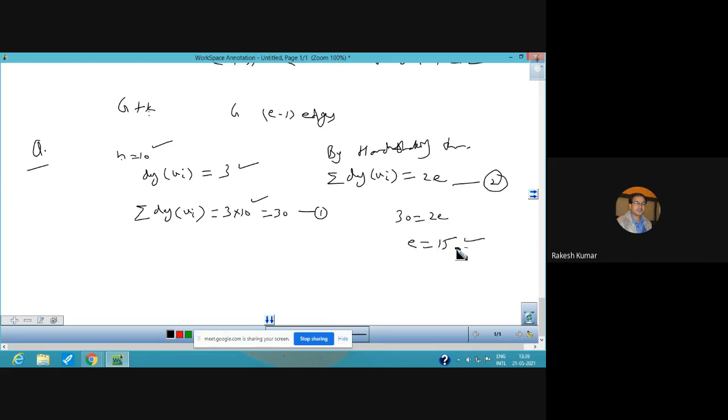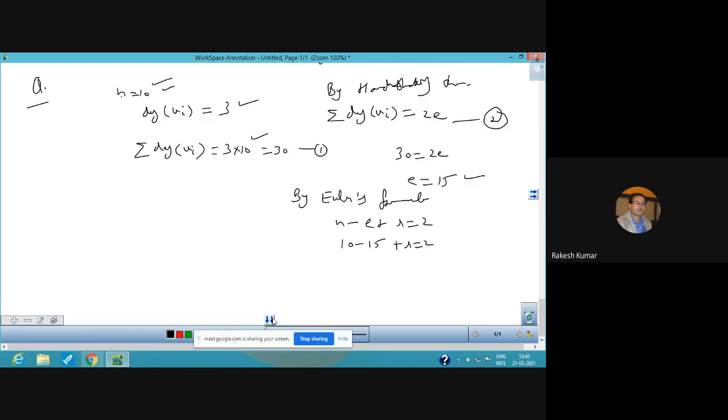Now the number of edges and vertices are known, we can find the number of regions by Euler's formula. So n minus e plus r equals 2, that is 10 minus 15 plus r is equal to 2. So r comes out to be 7. The number of regions in this kind of graph will be 7.